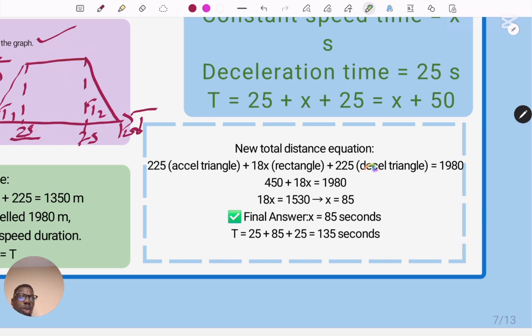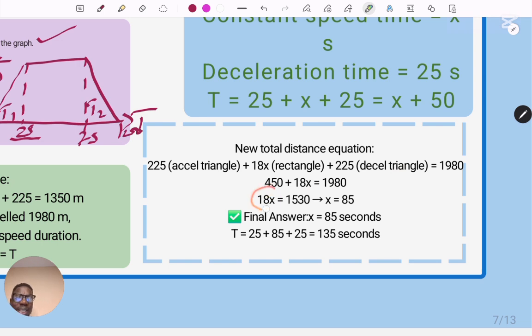Then the second triangle, for the deceleration, is 225, which we've calculated already. The total distance, according to the question, is 1980. So we add everything together, and that gives 450 plus 18x equal to 1980.